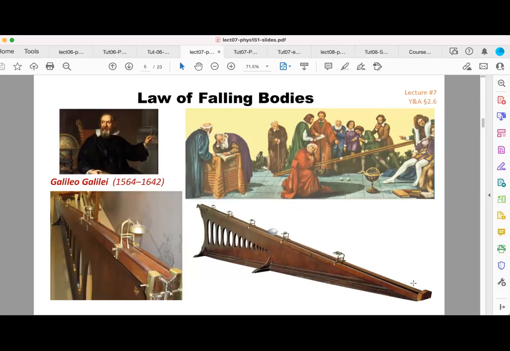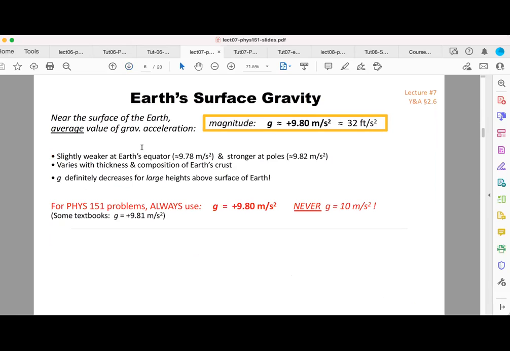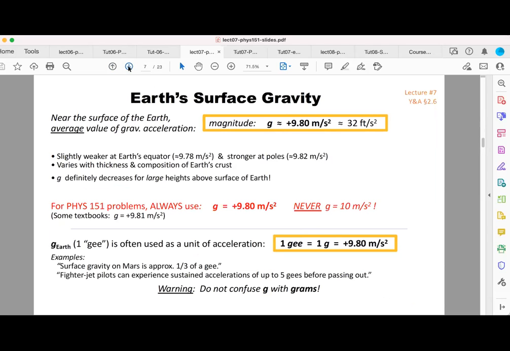I actually saw the real thing in Florence in the Galileo Galilei Museum, where he made all this calculation. The magnitude of the gravity here is 9.80 meters per second squared, and we are going to use this number all the time. So please don't use g as only 10 meters per second squared, because you need to always use 9.80 meters per second squared.